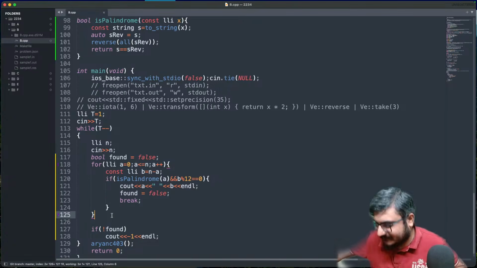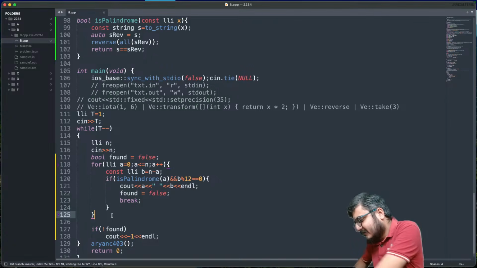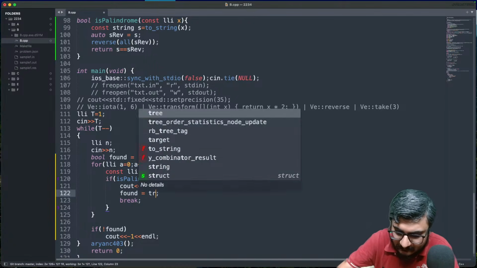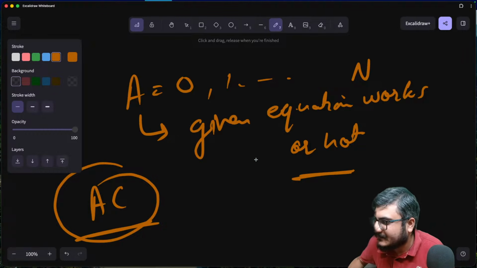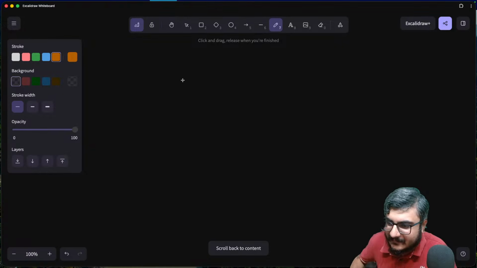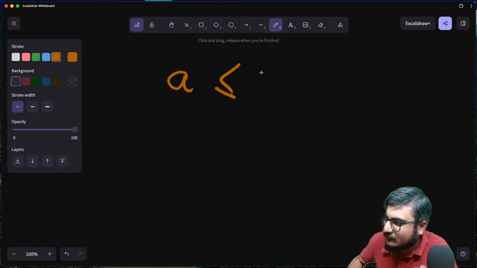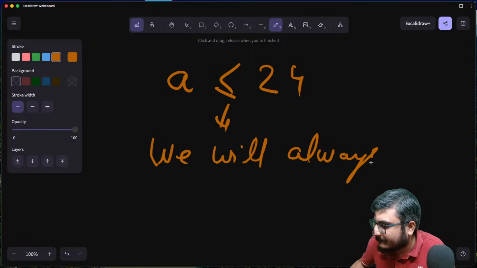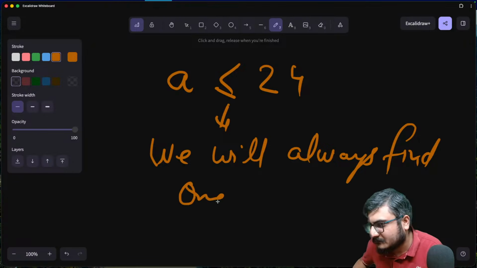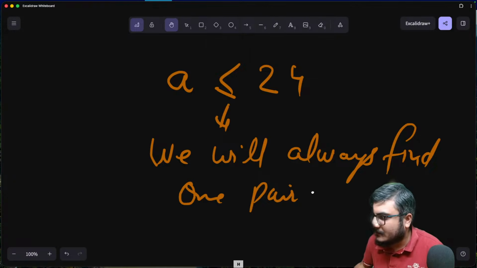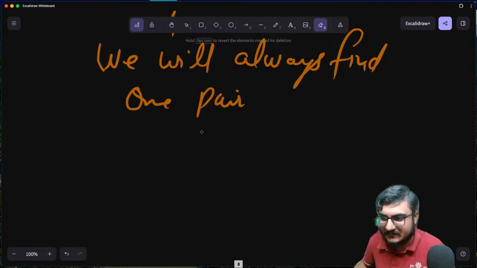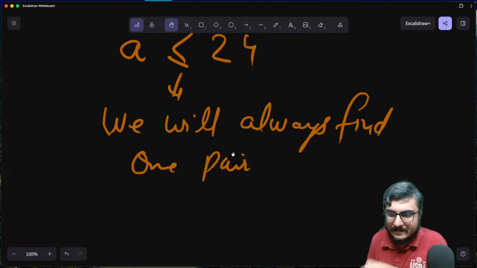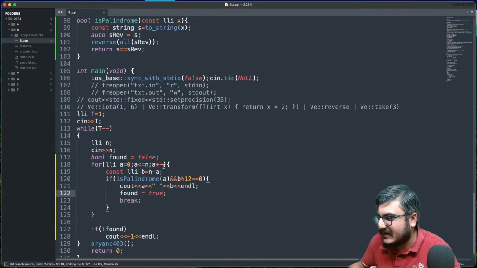My claim is, since we are breaking out whenever we have found a pair, the crux of the idea is we will find one pair with a less than or equal to 24, we will always find one pair. You don't even need to go up to n.